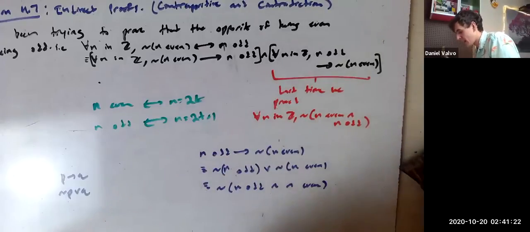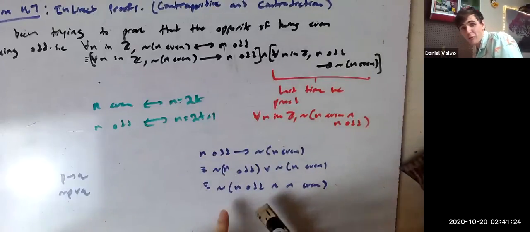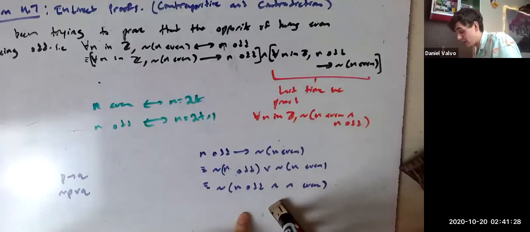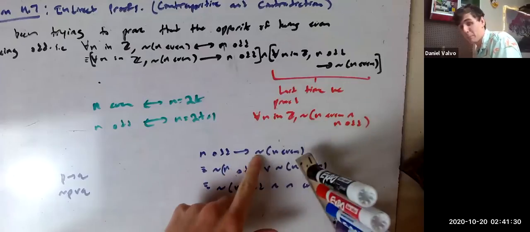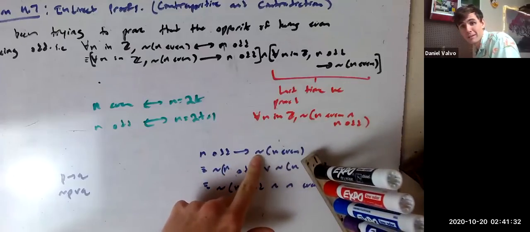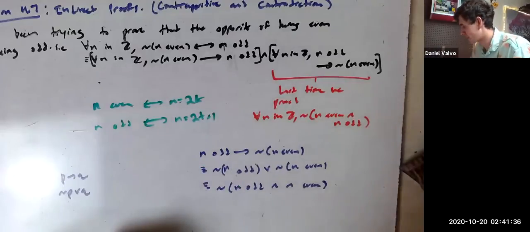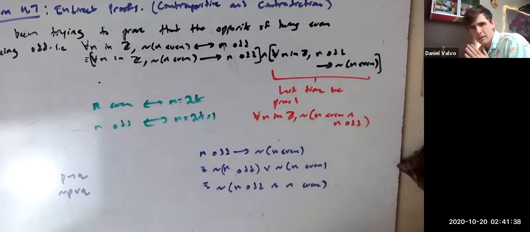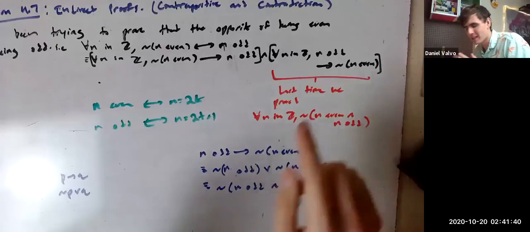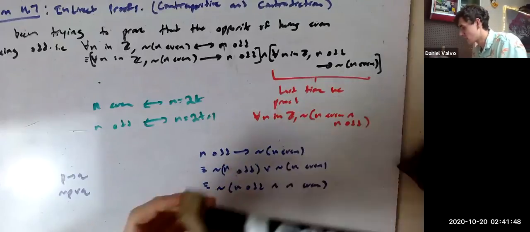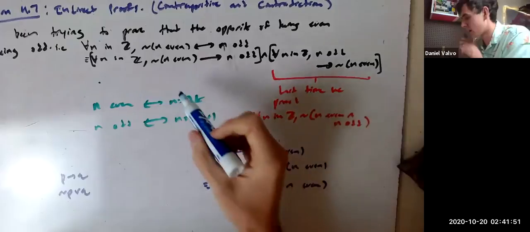The point being, if you show that no integer can be both odd and even, then if an integer's odd, it's got to not be even. Because if it was, then we'd have an integer that's both even and odd. We know we can't have that. Does that make sense how we've proven this second part? Hope it does. So now all you have to do is prove the first part.